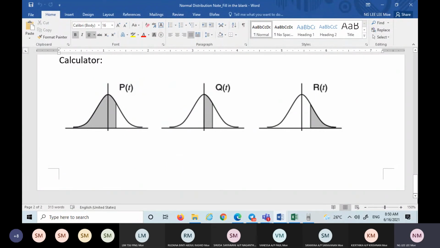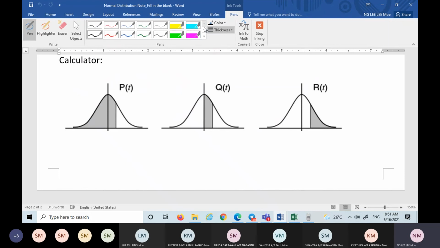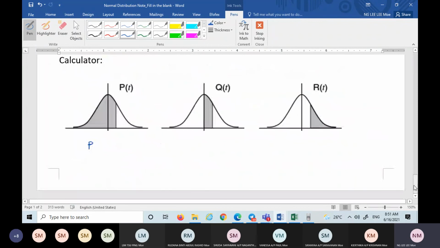I wrote the calculator P, Q and R. This matches with the P, Q and R just now in the calculator. This is 1. This is 2. And this is 3.